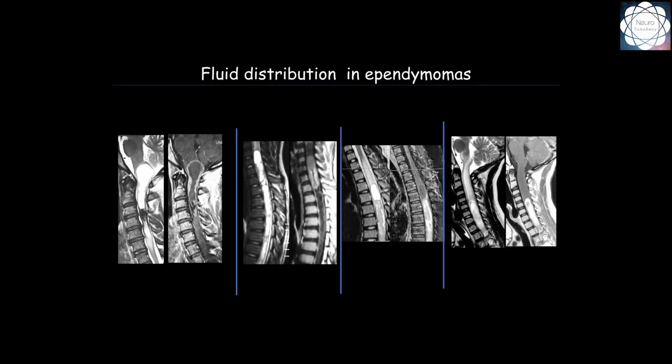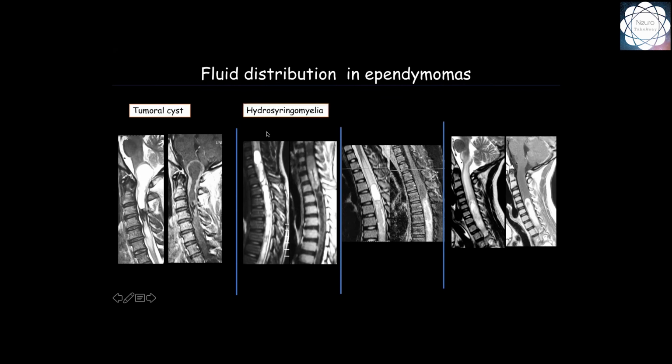The tumor has leaky vessels, so there's a lot of interstitial fluid, and this fluid is squeezed from the area of the tumor to the upper or lower poles in different patterns. For example, you can see here a typical tumoral cyst with enhancement of the walls of the cyst.